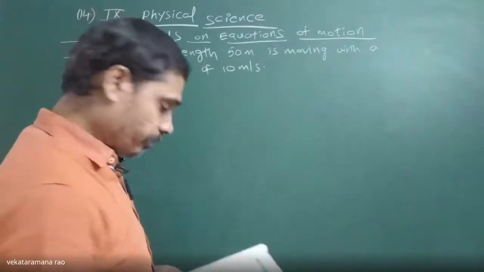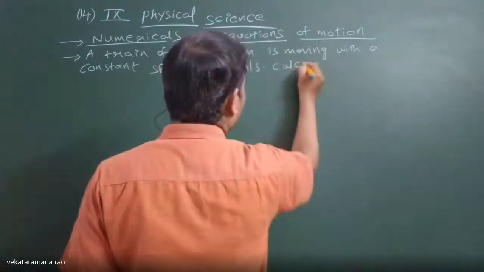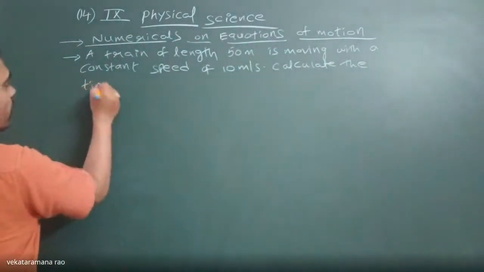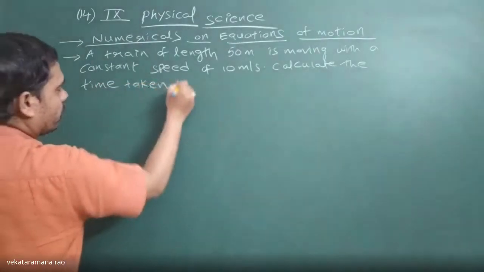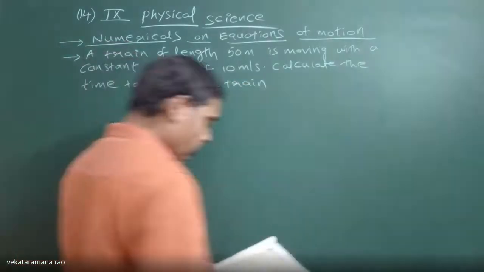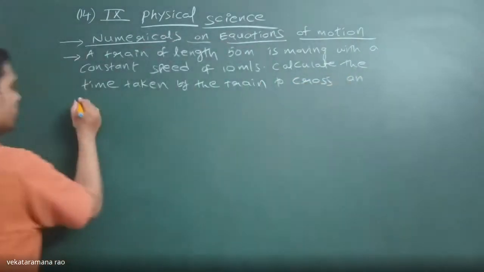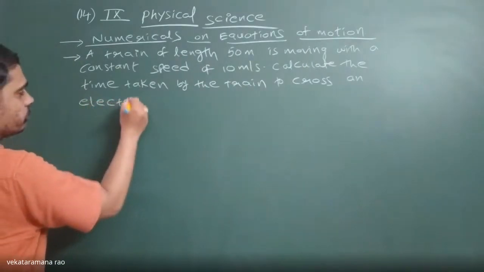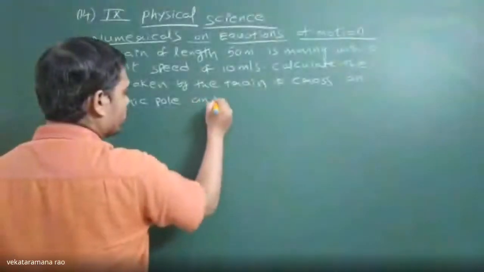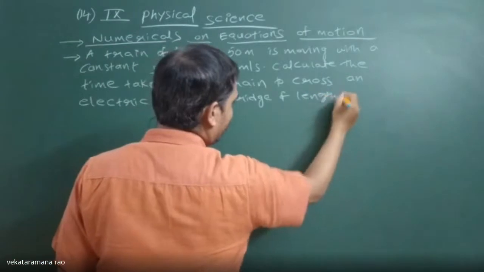Now calculate the time taken by the train to cross an electric pole and a bridge of length 250 meters.